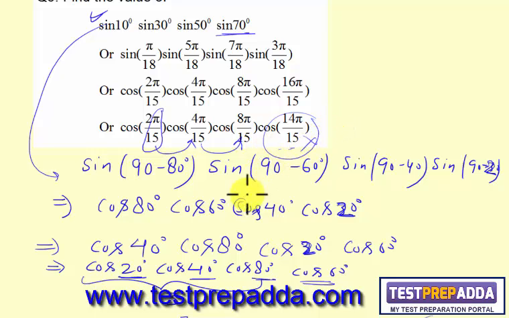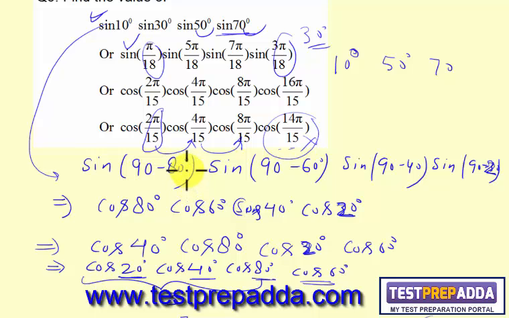Similarly, in the others, pi by 18 is 10 degree, 5 pi by 18 is similarly 50 degree, and 7 pi by 18 is 70 degree, and this one is 30 degree. So it is the same question which we solved here. You try the other parts of the same question.